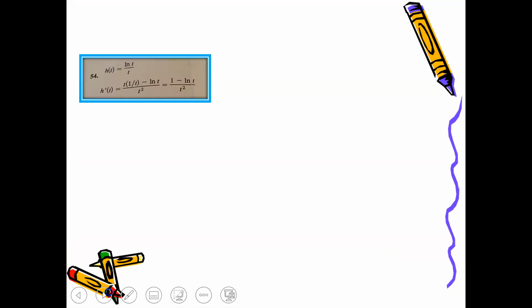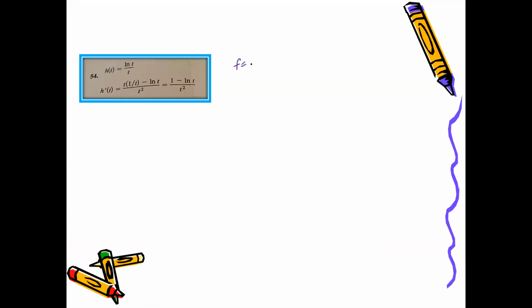All right, let's go ahead and take a look at this. As I look at this, h of t is ln t over t. There's nothing I can do to collapse the fraction into just one term, so I cannot avoid the quotient rule. So let's set everything up.